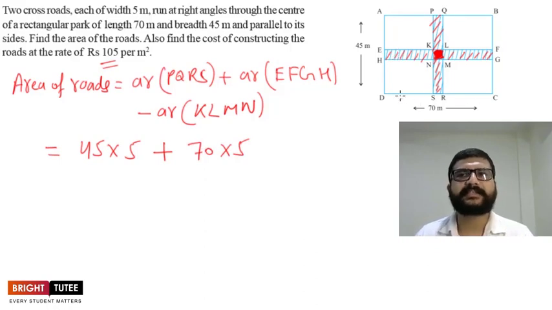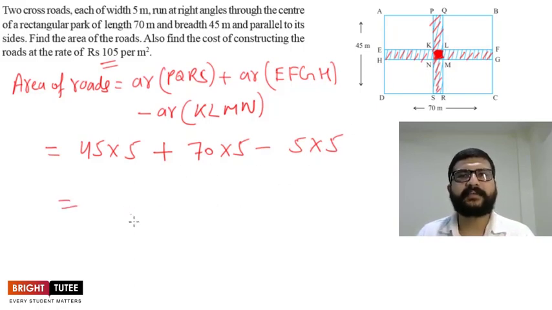Now here in this case, length of this road will be 70 meters. So it will be 70 into 5. This will give us area of the rectangle EFGH or area of the second road. Now what we have to do, we have to subtract the area of the square KLMN, and it will be 5 into 5, as area of a square is side square and side length of the square is 5. So it will be 5 into 5.